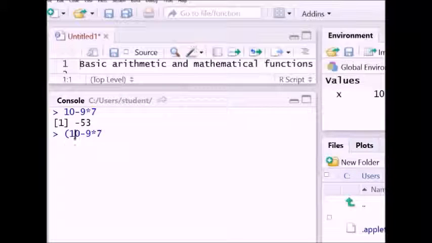So (10 minus 9) into 7, it is 7. So in the first expression, 10 minus 9 into 7, we do not use the parentheses, and in the next we use the parentheses. So we may use parentheses or we may not use parentheses.